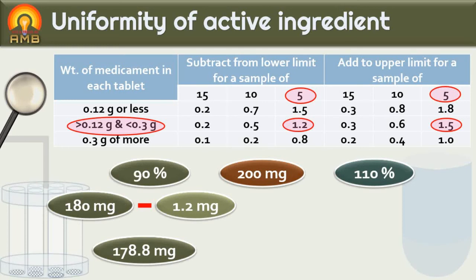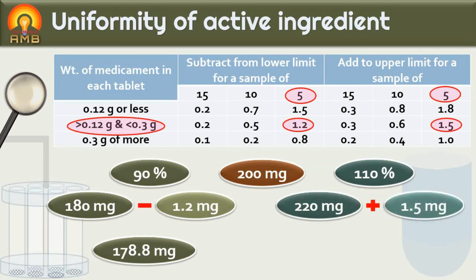178.8 mg concentration of drug can be allowed in the tablet. Similarly, 110% of 200 mg is 220 mg. 1.5 can be added to this upper limit, that is 221.5 mg. As we take a smaller number of tablets, instead of 220 mg, a maximum of 221.5 mg concentration of drug can be allowed in the tablet.